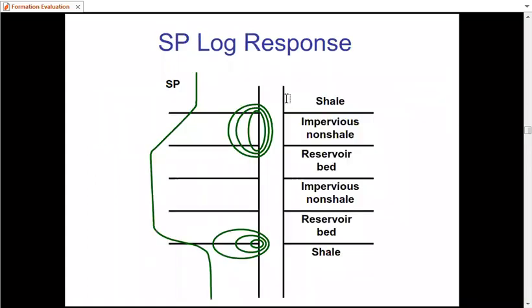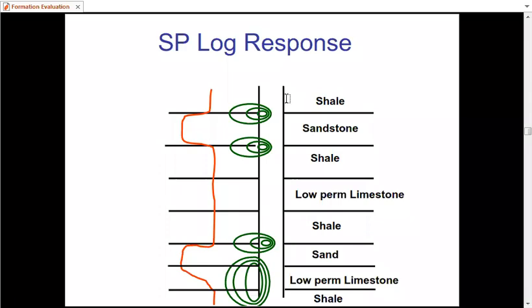Also, the spontaneous potential log response, as it will define the permeable layer and the non-permeable or impermeable layer, and will define the hydrocarbon zone or reservoir bed using the spontaneous potential data response.